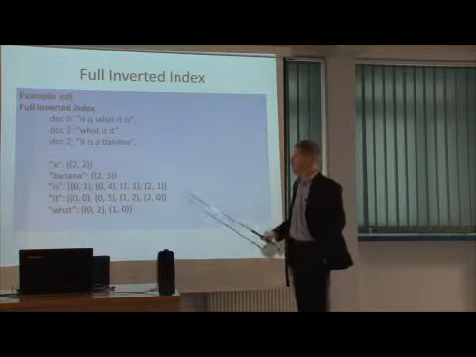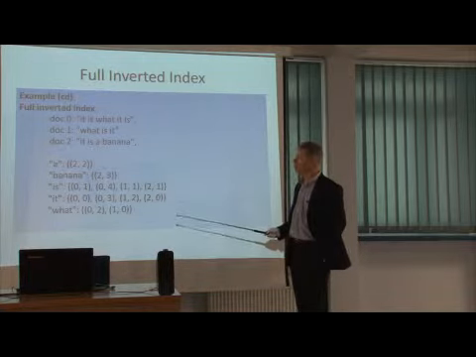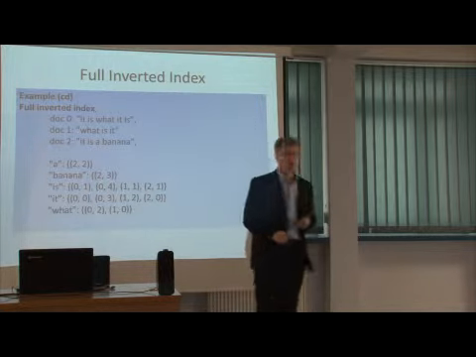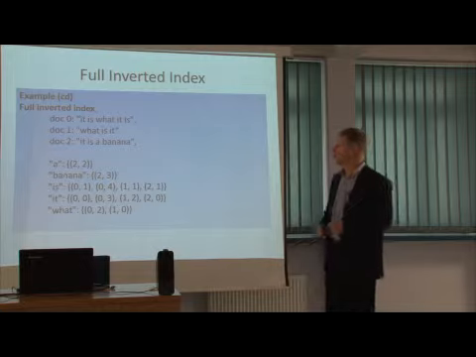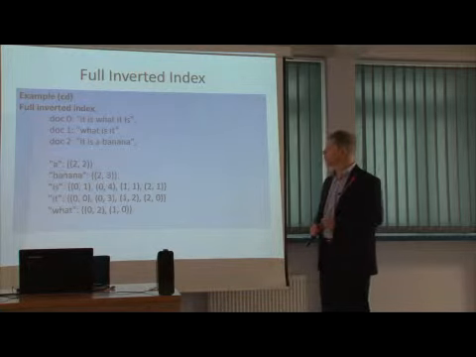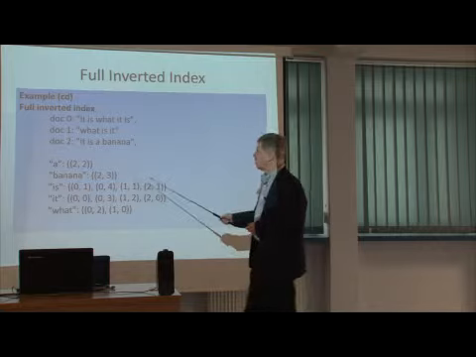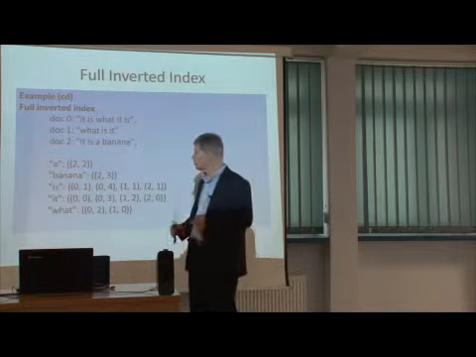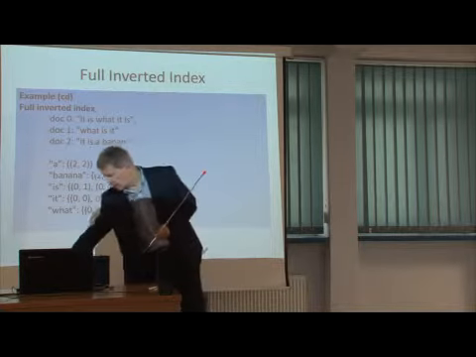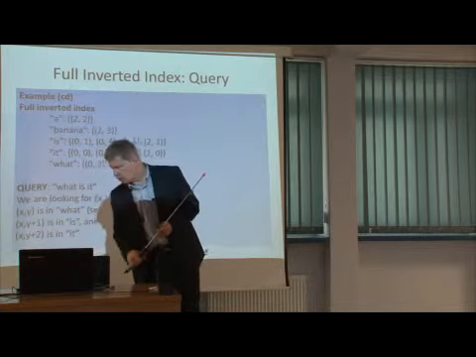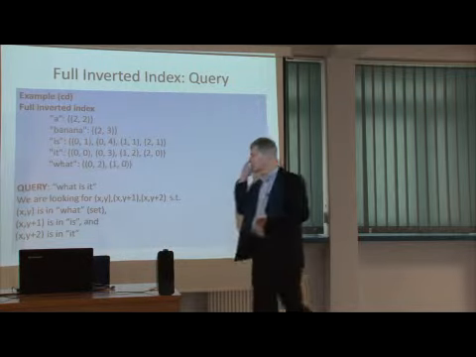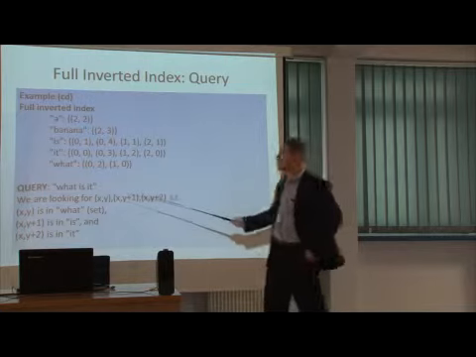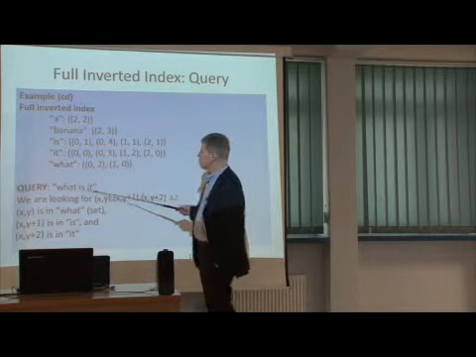Of course, the processing of a query will be done in a very similar fashion. That is, we're going to look for a document in which we can find the words. So that part won't change. What we can do now is actually ask for consecutive words. All right, we can do phrasal searches. So if we have a query, what is it?